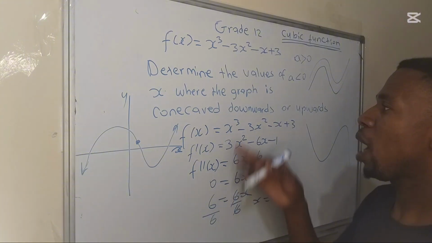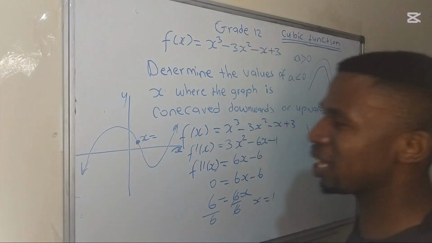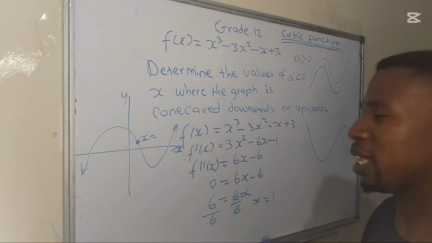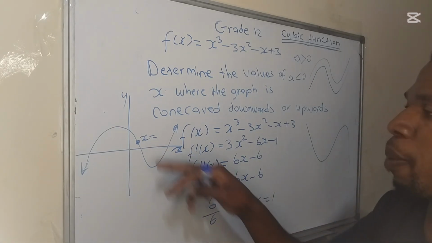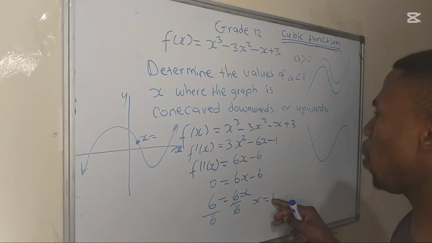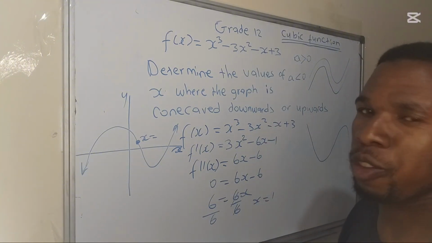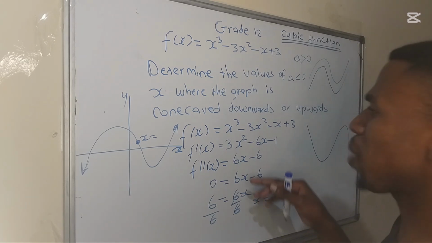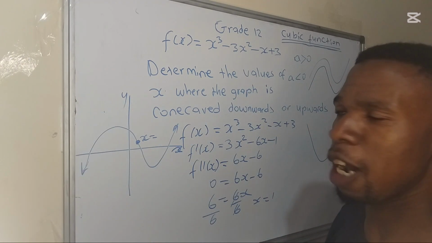Now we are going to answer our question. Now x equals 1. I've said to you, it doesn't matter whether we have managed to get the value of y, but for the sake of finding the actual point of inflection, we can just plug our 1 into our original equation so that we can properly construct our graph.